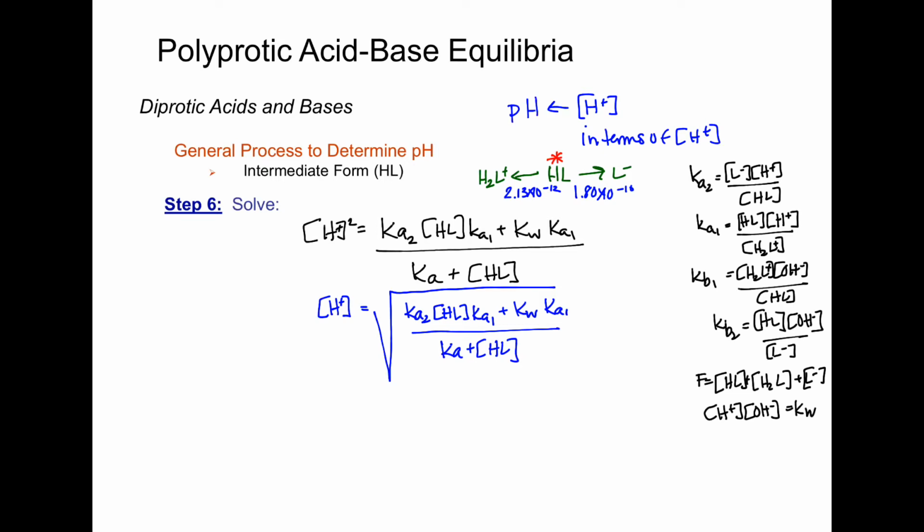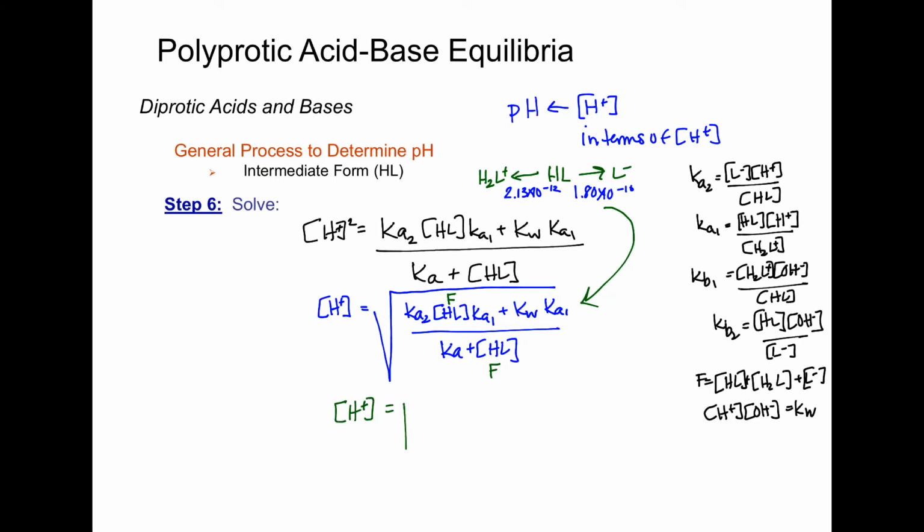So we can say that whatever the initial concentration is, it's going to be pretty close to the concentration of this. Not much of it went in this direction, not much of it went in this direction. It mostly stayed right here. So if we look at how that information helps us with this, the HL is going to be pretty much equal to the initial concentration. So I'm just going to substitute those in.